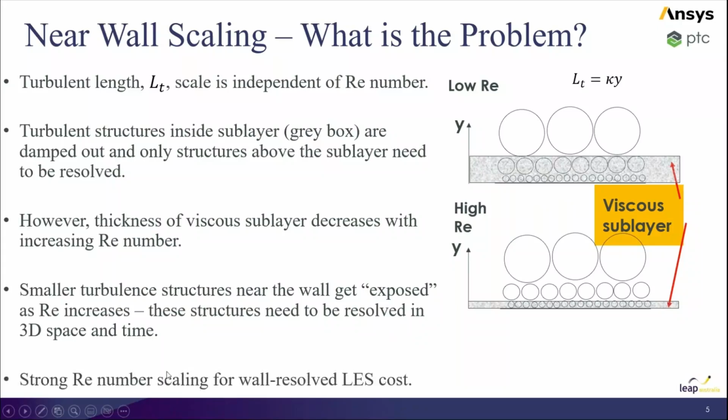So it's really a very strong scaling if we're going to resolve it at a wall. Now, in other applications, like a jet in a flow, you don't have much importance of the walls, and large eddy simulation is super easy there. It's really when you've got any sort of wall that the difficulties arise.